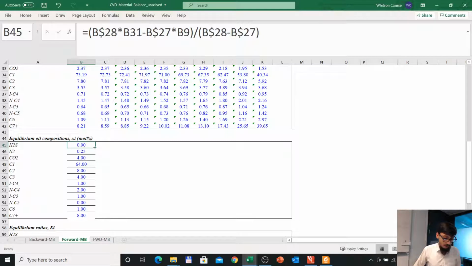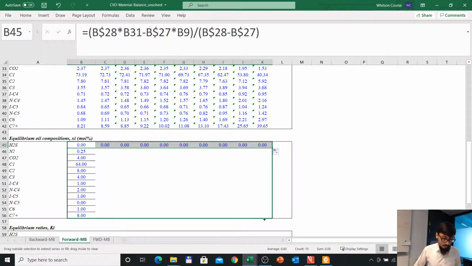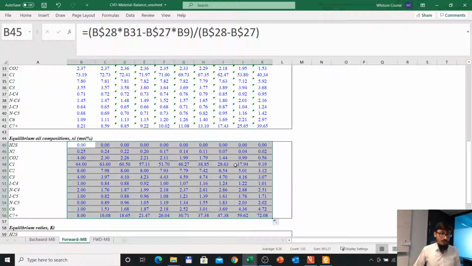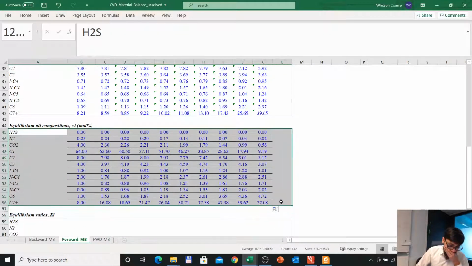Alright, let's move this formula to the right and see. So we got reasonable numbers.